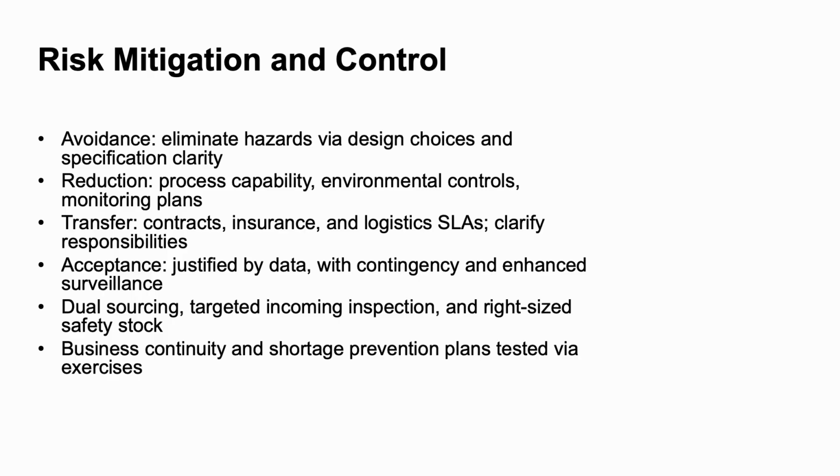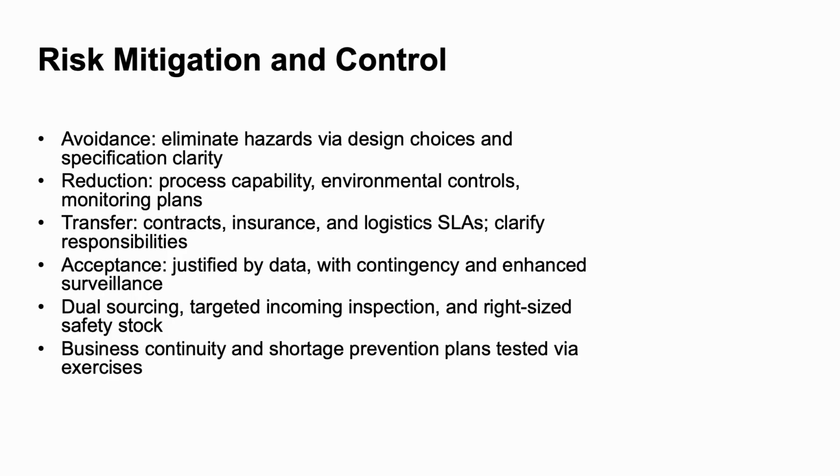Reduction strategies focus on process capability and monitoring. Validated processes, controlled environments, calibrated sensors, and statistically justified sampling plans all reduce the likelihood of defects and excursions. For distribution, qualified shippers, route risk assessments, and real-time telemetry can lower both probability and undetected duration of temperature excursions.